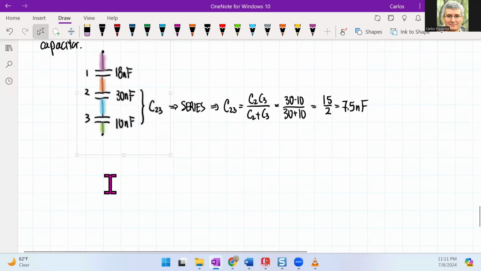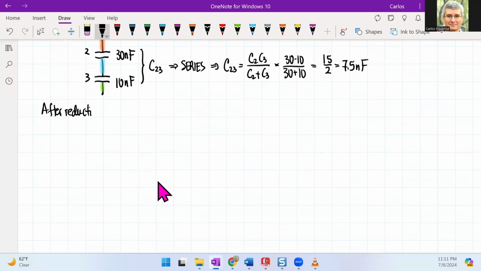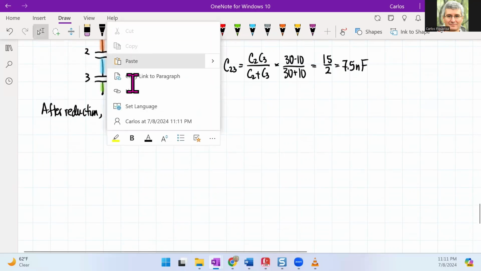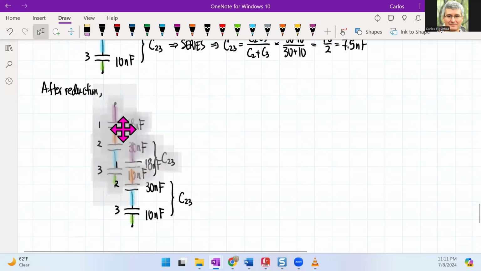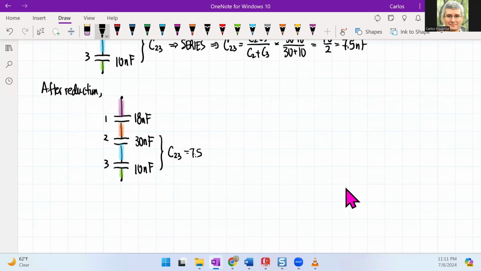After reduction, I have this combination, and this guy is 7.5 nanofarads. In other words, I have a circuit that now reads like this.